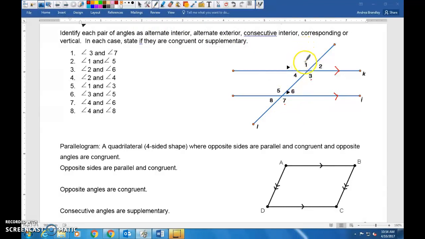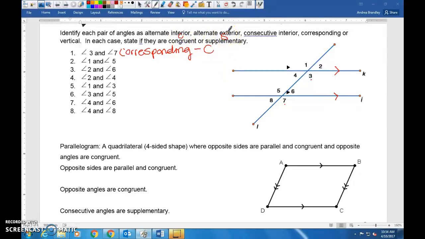Vertical doesn't make sense because vertical has to be opposite one another, and they're not. But they are in the same place compared from this parallel line and the transversal, and this parallel line and the transversal. So these would be considered corresponding, and corresponding angles are congruent. And I'll just put a C for congruent, and an S for supplementary.